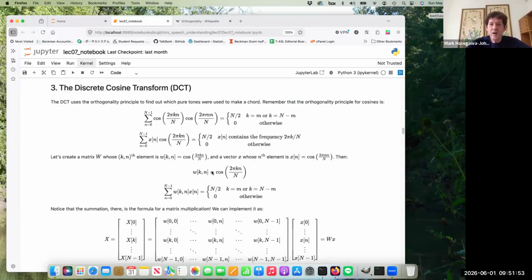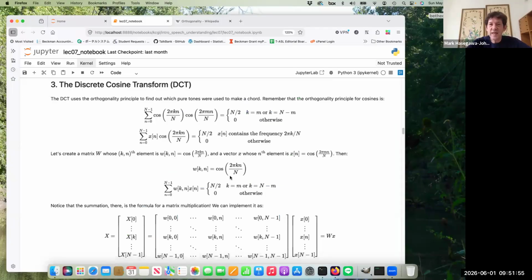So w of k comma n is the cosine of 2 pi kn over capital N. When we add over capital N samples, w of kn times x of n, that will equal 0 if x of n doesn't have any information at the frequency k, and it will equal a positive number if x of n does have information at the frequency k.